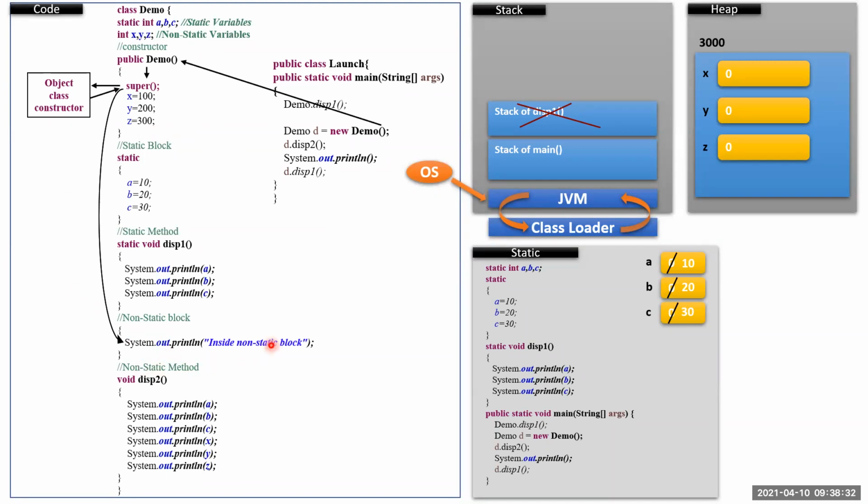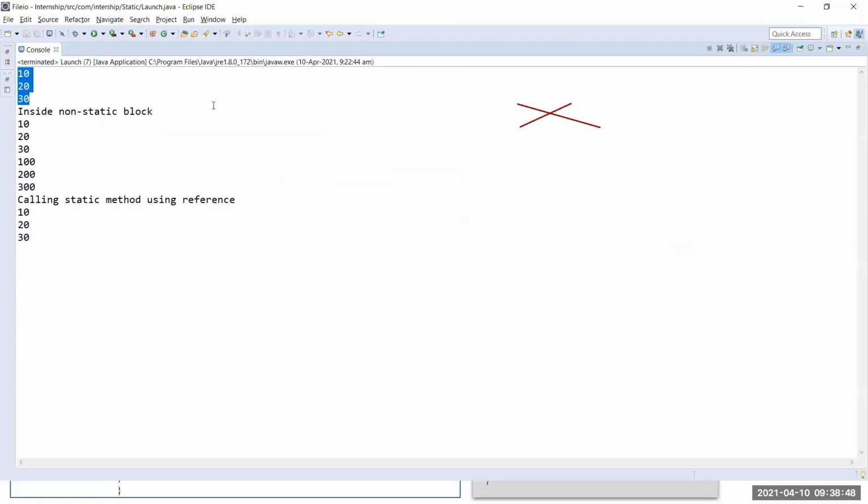You create 1,000 objects; for each object, whenever a super method is executed, after that a non-static block will get executed. That's why we are getting this as the solution here, the 4th line inside the non-static block.